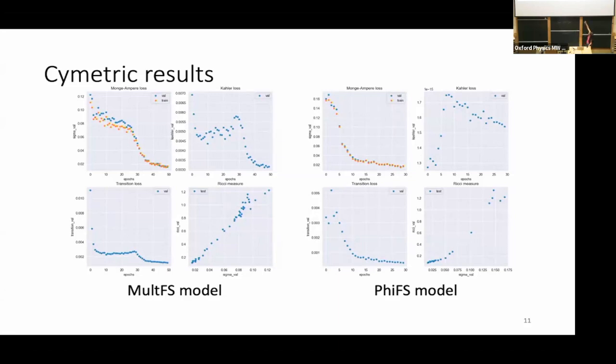The second one is for this Kähler addition to the neural net. If you want to compare, you can see that learning the addition, instead of the metric directly, if you learn this function phi here, which is the correction to the Kähler potential, you can see that this is something that is faster to learn.